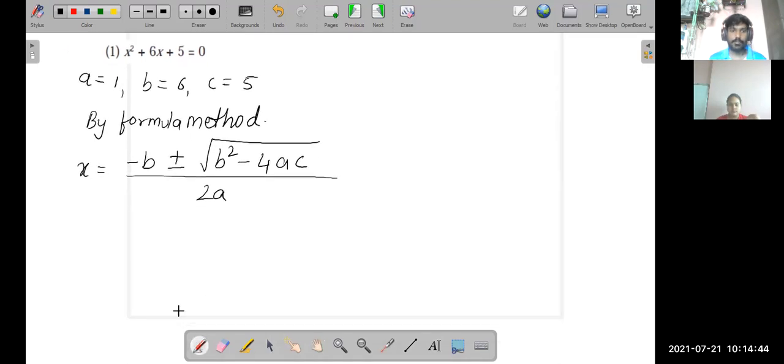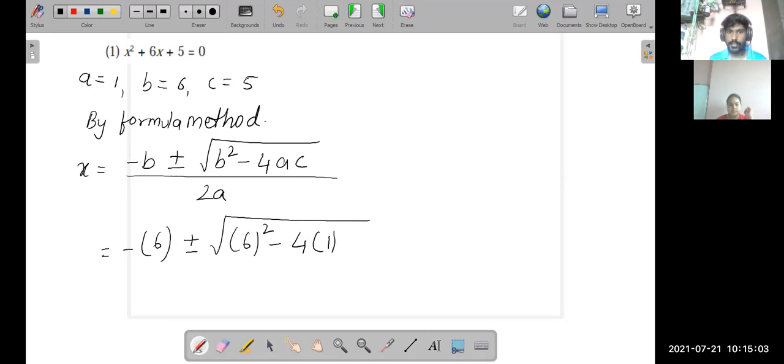Substitute the values. Minus B is minus 6, plus or minus under root of 6 square minus 4, A is 1, C is 5, divided by 2 into A, that is 1.